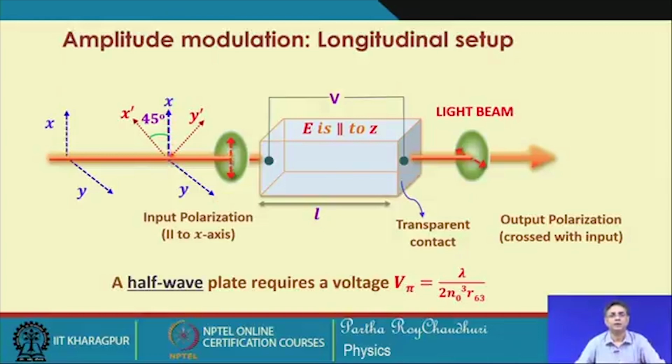Let us suppose that I apply this input polarization, this will be split into two parts, x dash and y dash, which will travel all along the length of the crystal. Because these two orthogonal polarizations, which are the new principal axes, will see different refractive indices, we will calculate that, and these two different refractive indices will travel with different velocities, there will be a phase delay.